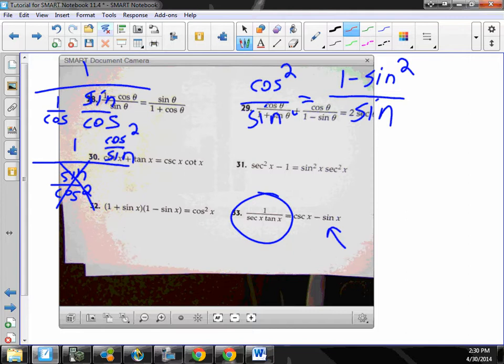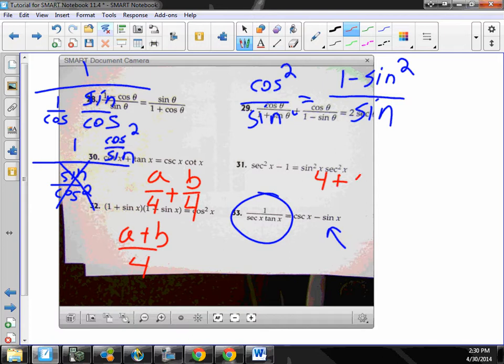Let's say I had a over 4 plus b over 4. Can I put that together? Yeah, a plus b over 4. That is the simplified version. Well, if I had 4 plus a over 8, can I unsimplify that?